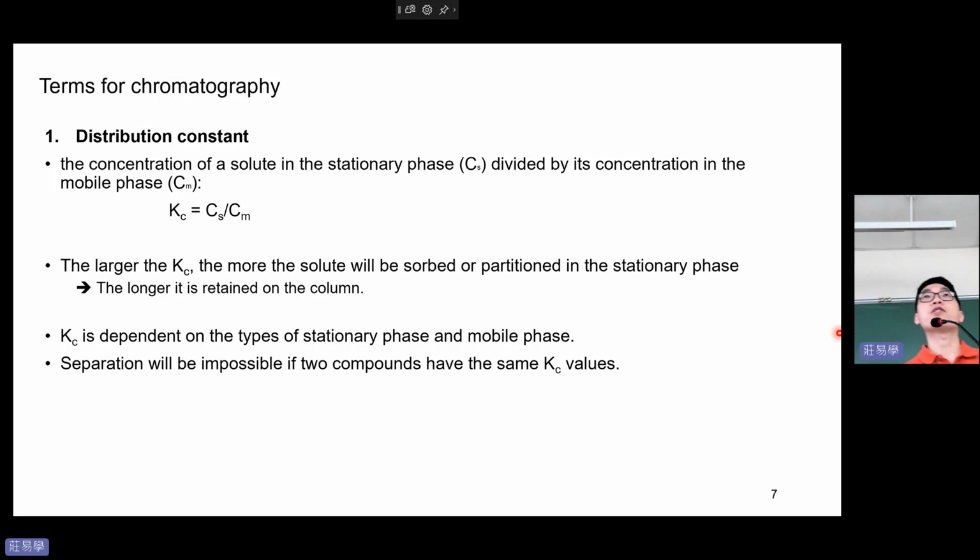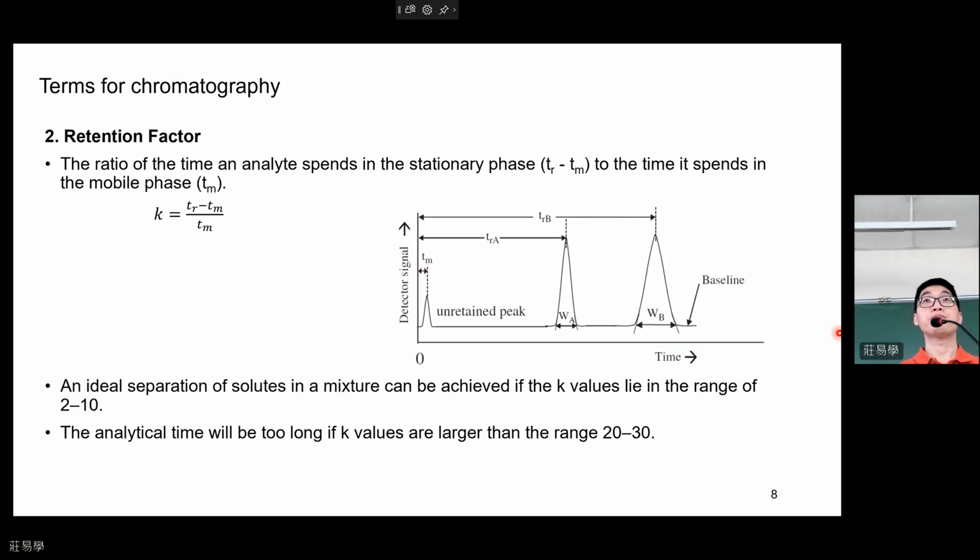So that is the first factor, the distribution constant. The second factor related to chromatography is the retention factor.